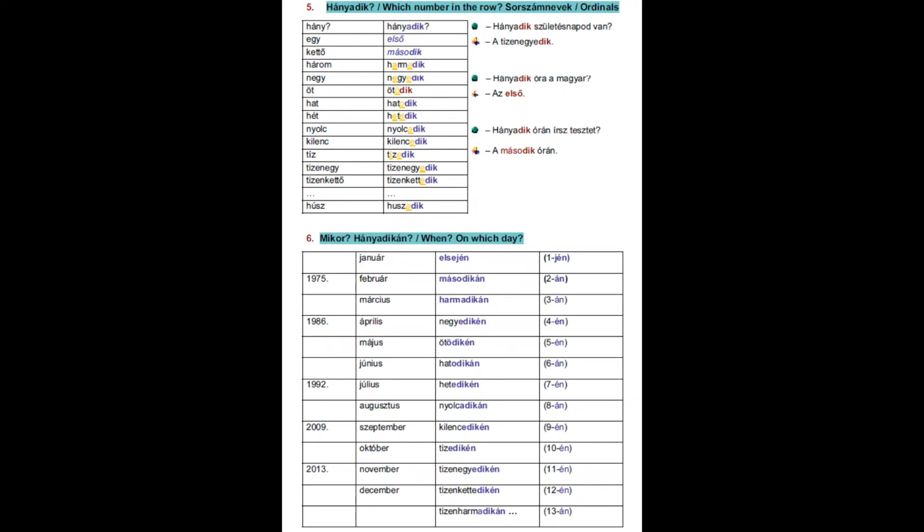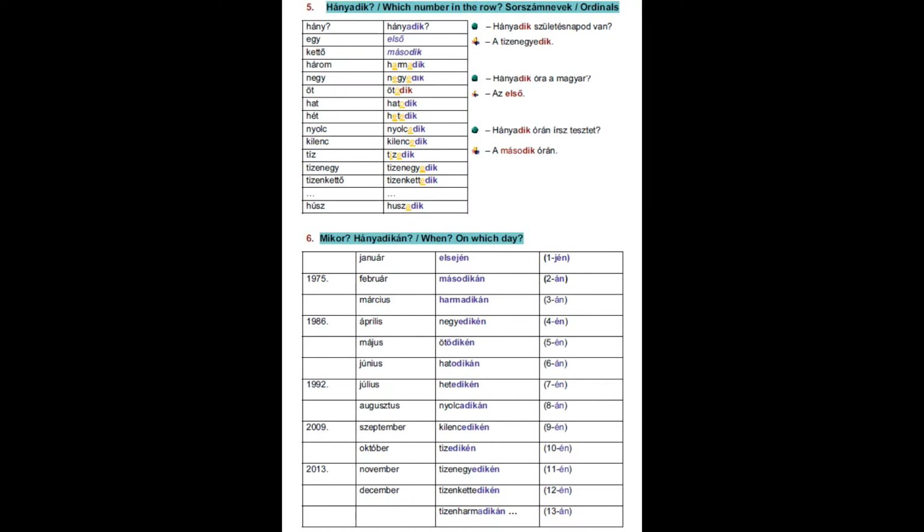Március harmadikán. On March 3rd. Because we know harmadik is third. Harmadikán is on the third. See? 1986, április 4-én.